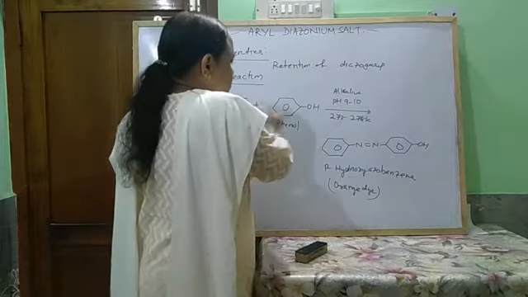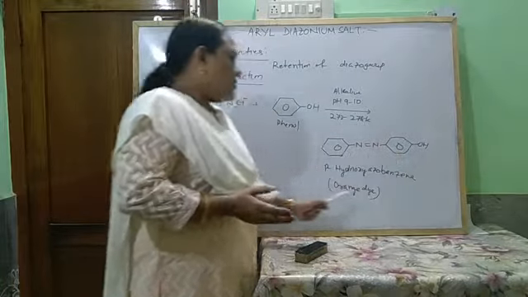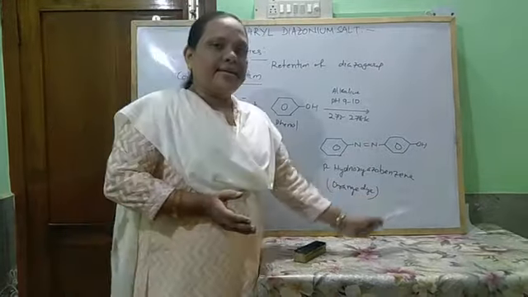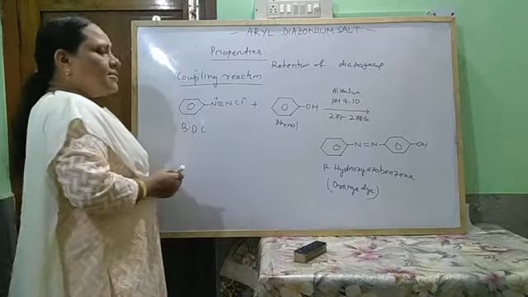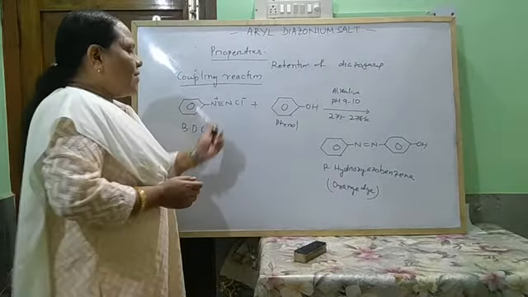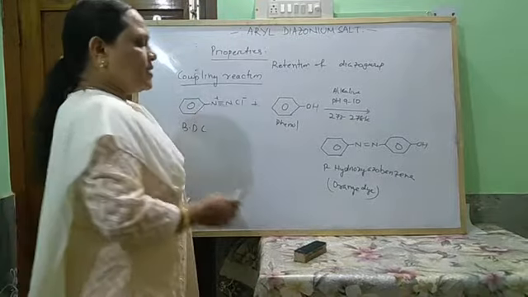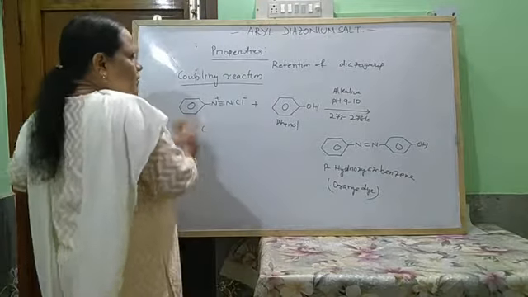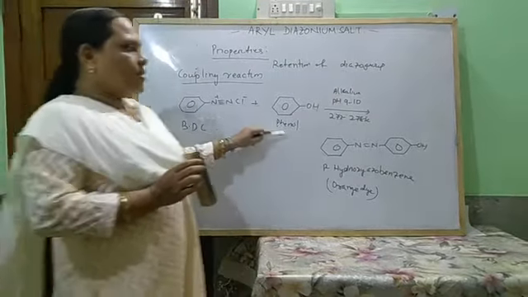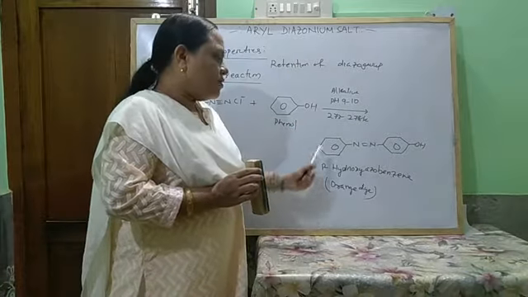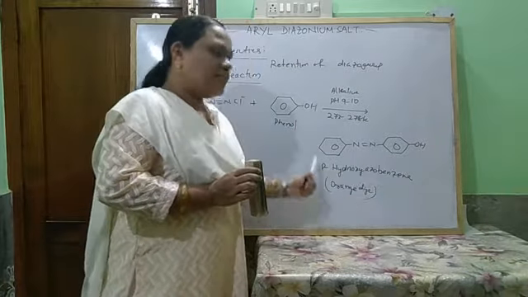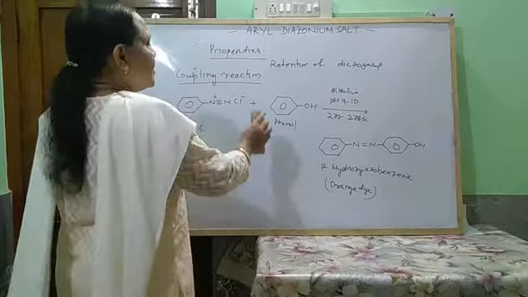These two groups are coupled, joined. This is called coupling reaction. Benzene diazonium chloride reacts with phenol in alkaline medium to form para hydroxy azobenzene, an orange dye.